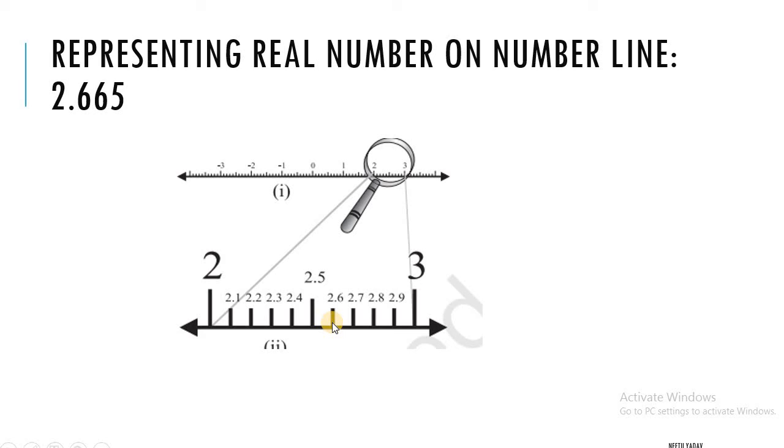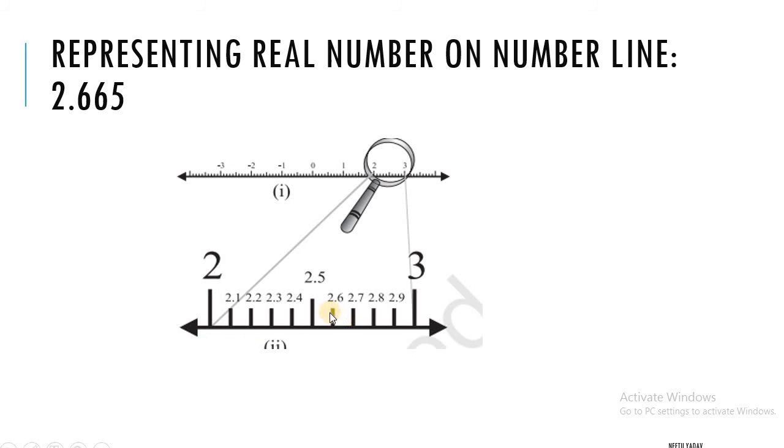Now, as we know that 2.66 lies between 2.6 and 2.7. Now we have to put this magnified glass over here, and we have to enlarge this particular part. As we already know that there are infinite rational and infinite irrational numbers between two integers on the number line, we can express as many numbers as we have in any 2 points on the number line.